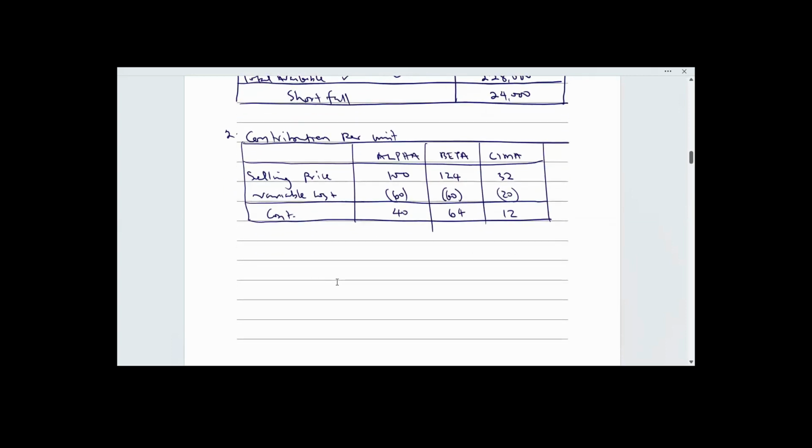Then step 3. Step 3 says calculate contribution per key factor, that is contribution per labor hour, and then ranking.